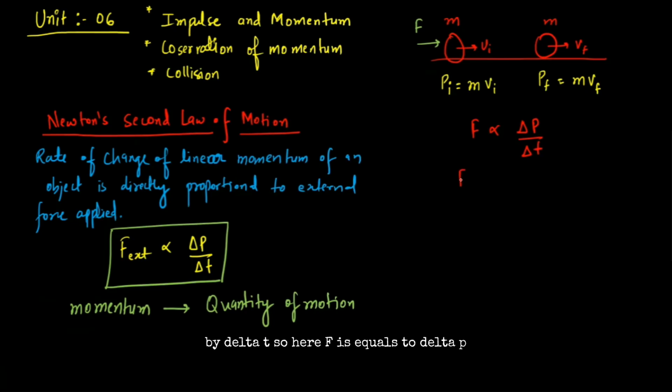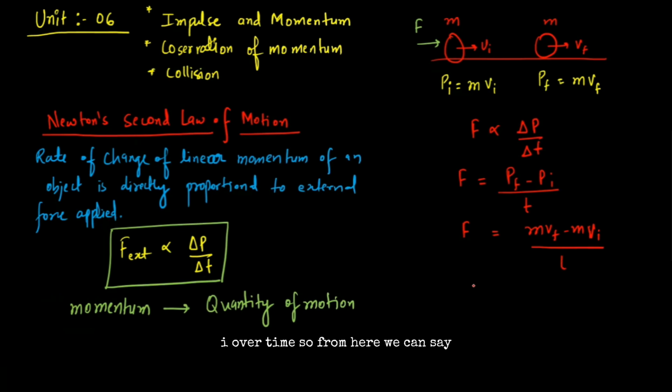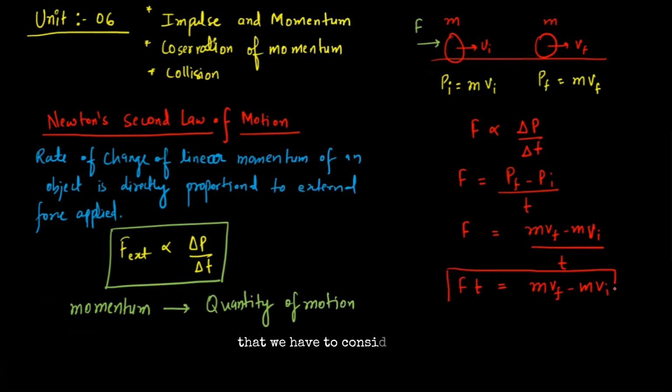So F equals delta p, and delta p can be written as momentum final minus momentum initial, over change in time. So F equals m v final minus m v initial over time. From here we can say that force times time is nothing but m v final minus m v initial. So this is the relation that we have to consider and talk about.